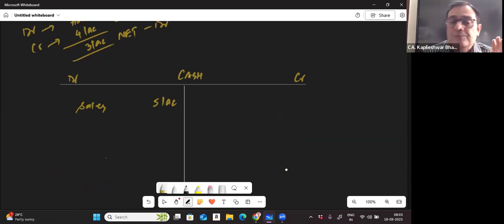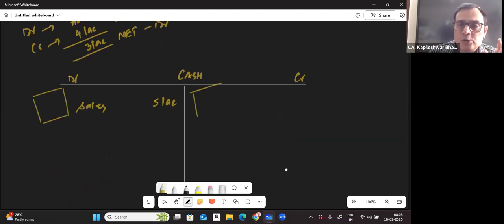Now let me also tell you, when you make a ledger, though we do not do this internationally, you should know that generally when you post it to the ledger, we use the word "to" on the debit side and we use the word "by" on the credit side. The art of posting the entry is that we use "to" on the debit side and "by" on the credit side.